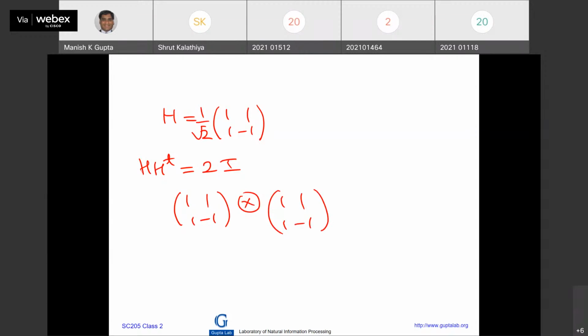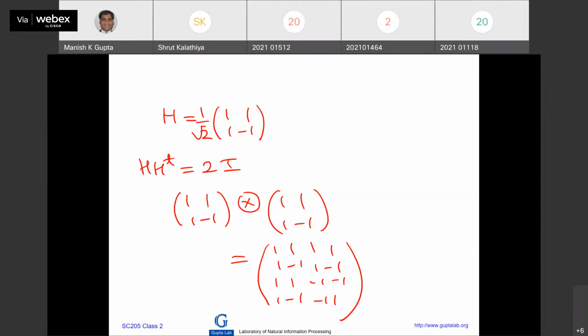Take each entry here and expand it with the whole matrix. So 1 times the whole matrix, 1 times the whole matrix, 1 times the whole matrix, and minus 1 times the whole matrix. So this will be something like 1, 1, 1, 1; 1, minus 1, 1, minus 1; 1, 1, minus 1, minus 1; 1, minus 1, minus 1, 1. Another Hadamard matrix, 4 by 4.